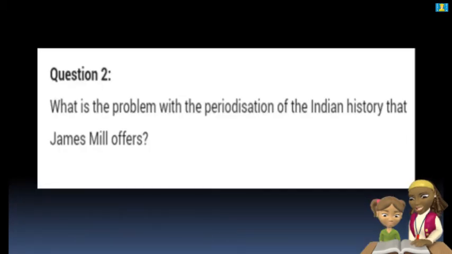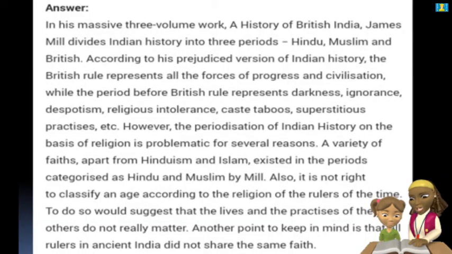Question. What is the problem with the periodization of the Indian history that James Mill offers? Answer. In his massive 3-volume work, A History of British India, James Mill divides Indian history into 3 periods: Hindu, Muslim and British.